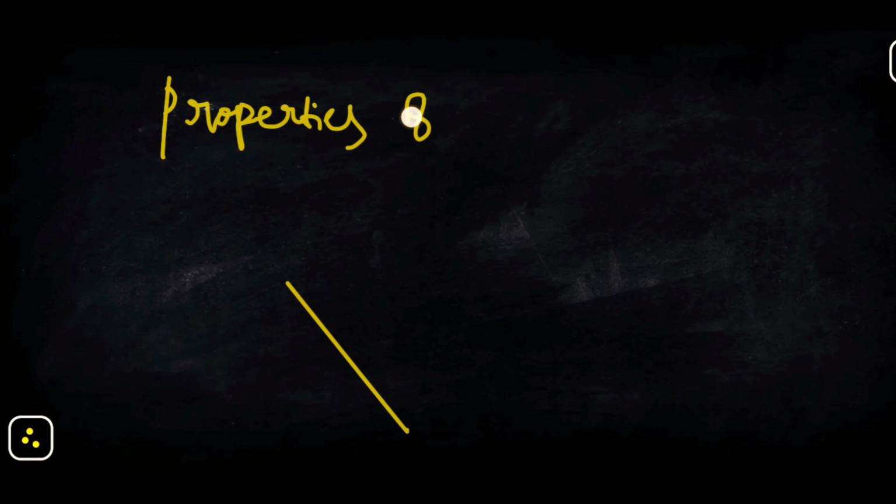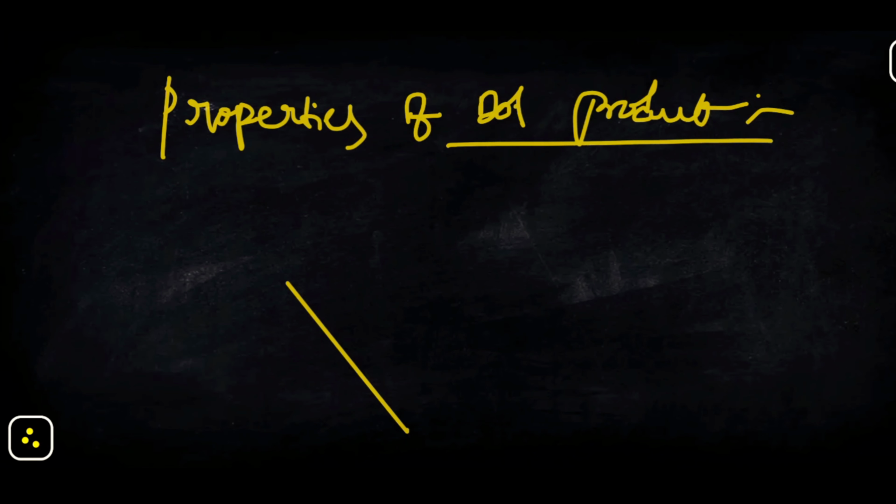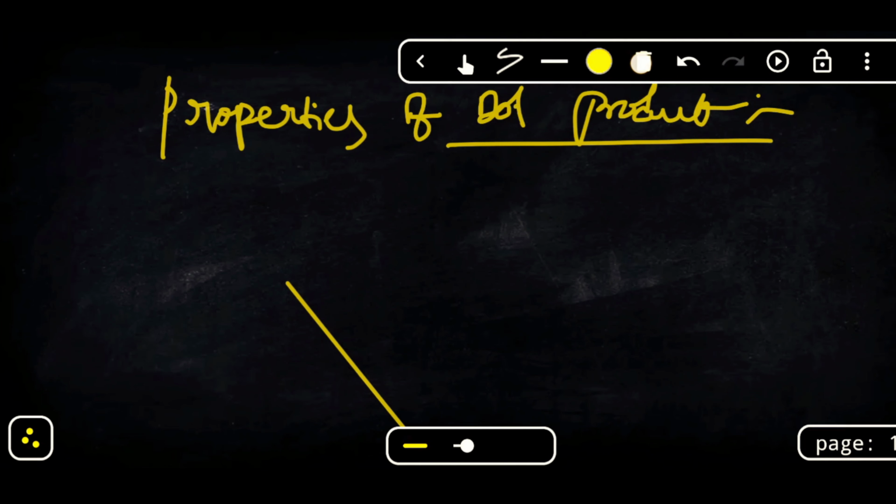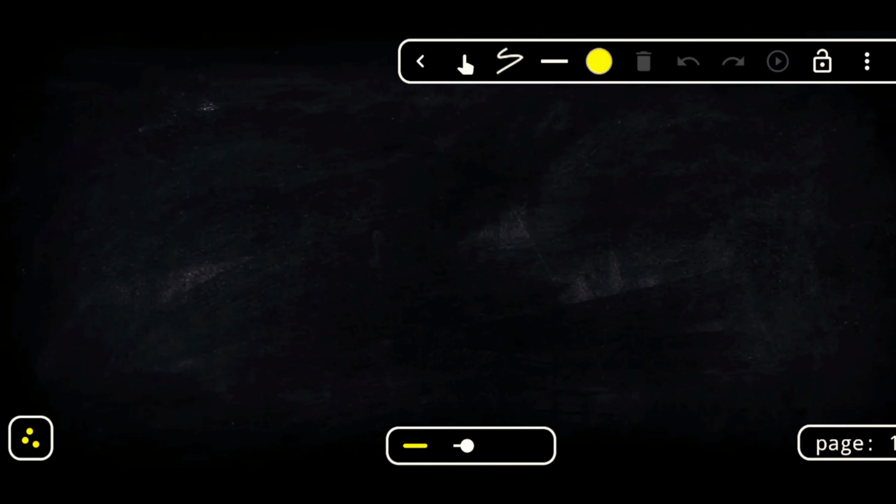The various properties of dot product are, for parallel vectors, when the two vectors are parallel, that is theta is 0, then A dot B equals magnitude of A, magnitude of B, and cos 0.